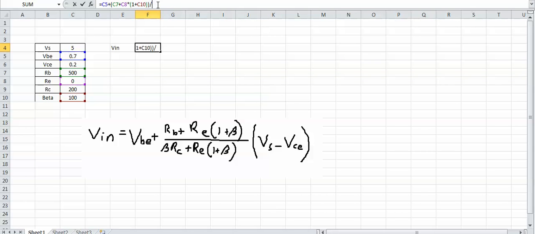There we go. So then we're going to divide that by beta times RC and add it to RE times 1 plus beta. And then close the numerator, parentheses, denominator.